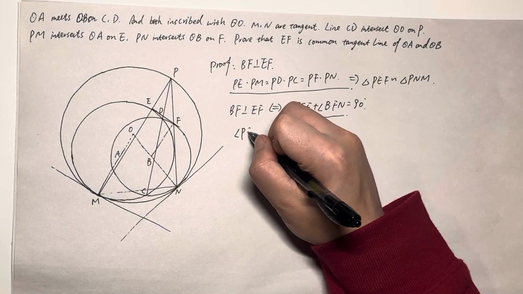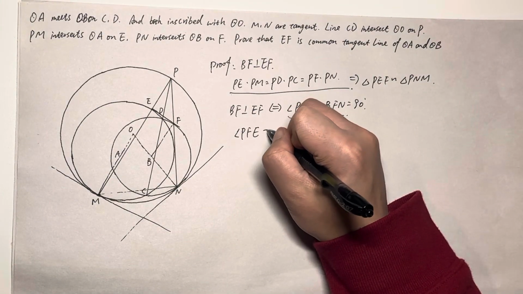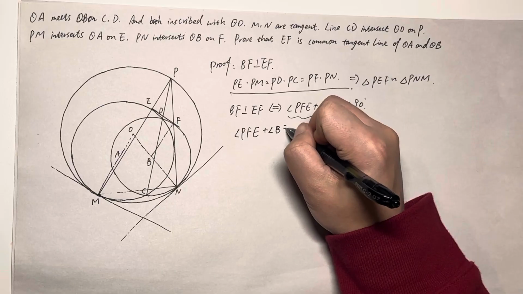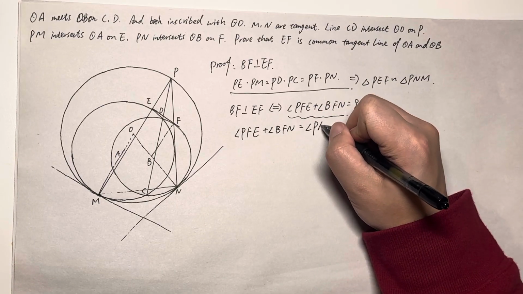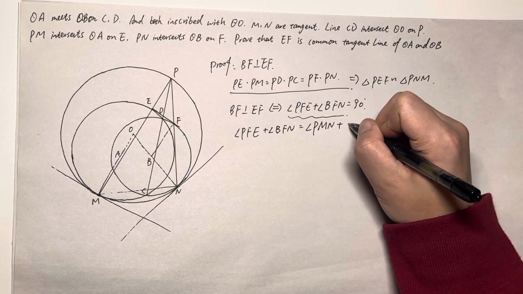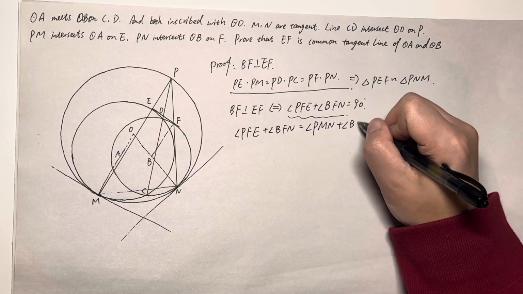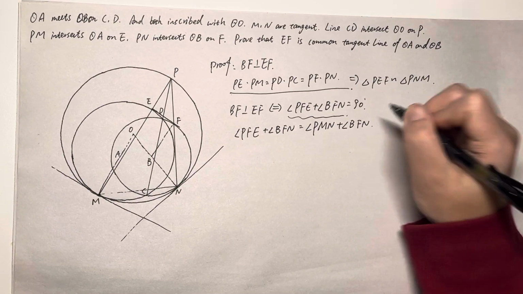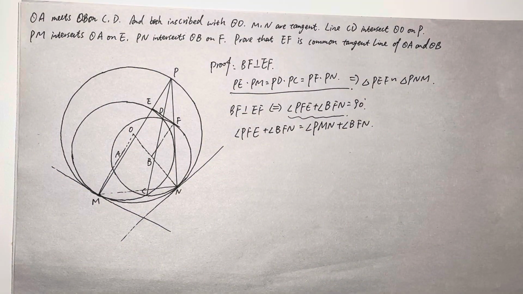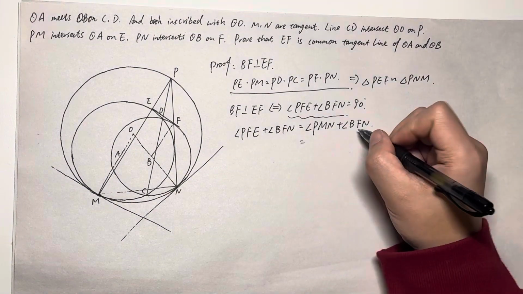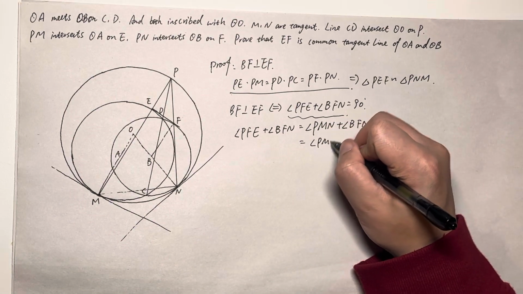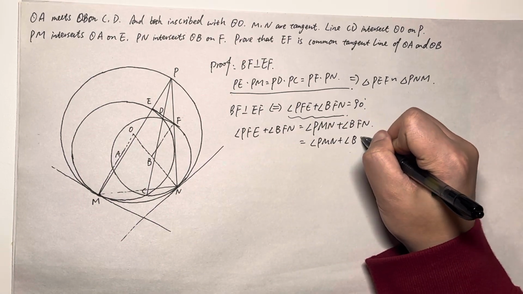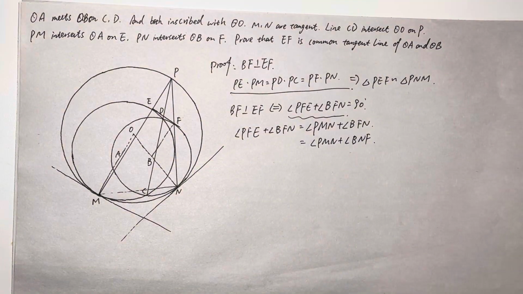Angle PFE plus angle BFN can be rewritten as angle PMN plus angle BFN, and because BF equals BN, it equals angle PMN plus angle BNF.